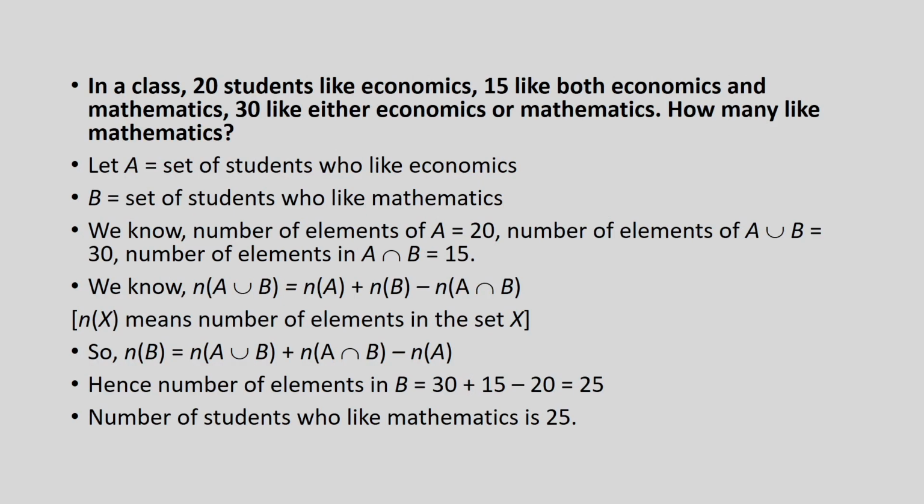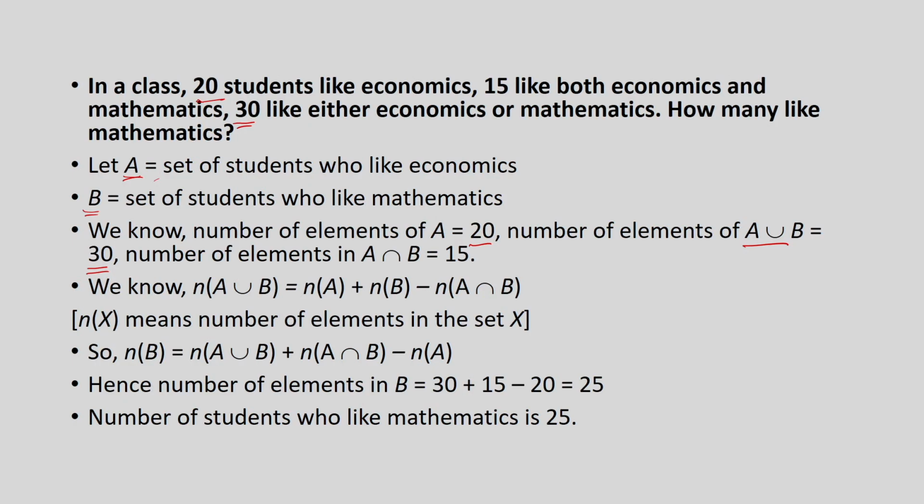Here let us suppose that A is the set of students who like economics and B is the set of students who like mathematics. What we know? We know the number of elements of A is 20, right. A is the set of students who like economics, that is 20. Number of elements in A union B, that is the students who like either economics or mathematics, that is given by 30.